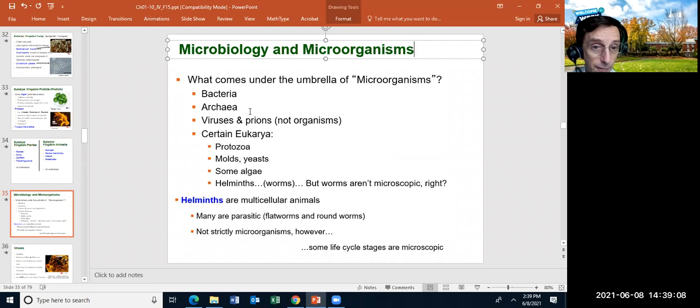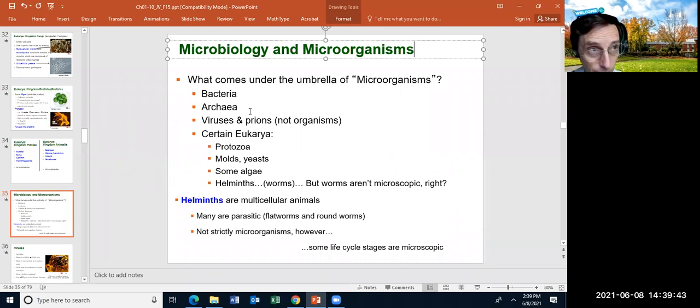Now, when we're talking about the helminths, you should understand that the worms are more than one phyla, so they're not all the same. Many of the worms are parasitic, some of the flatworms, some of the roundworms, but not all of them are parasites, meaning most of the worms do not cause human disease.